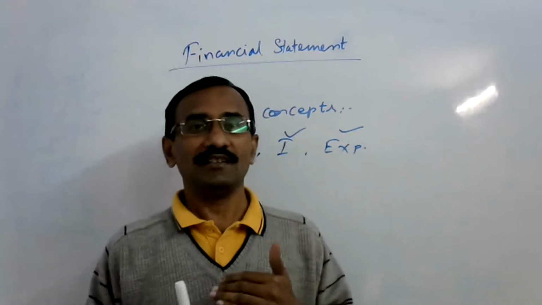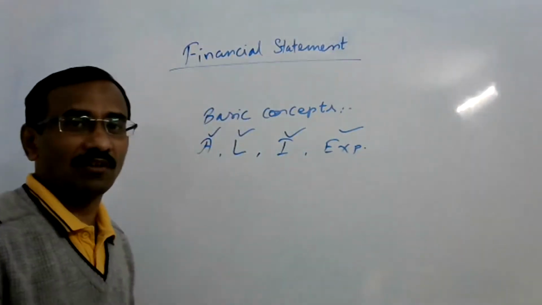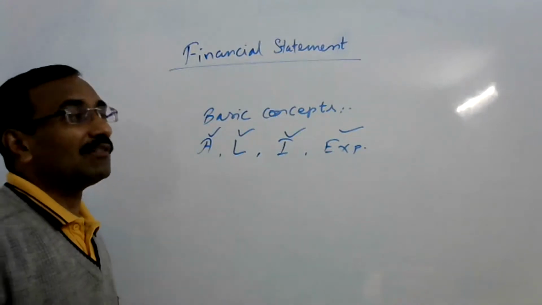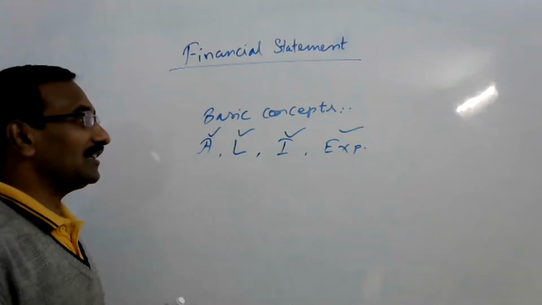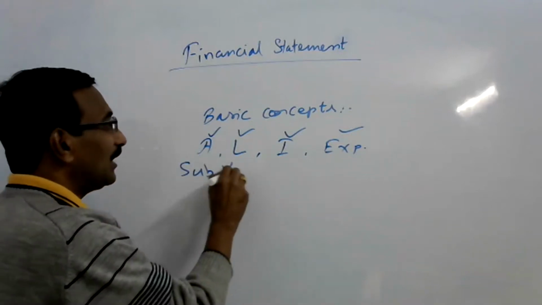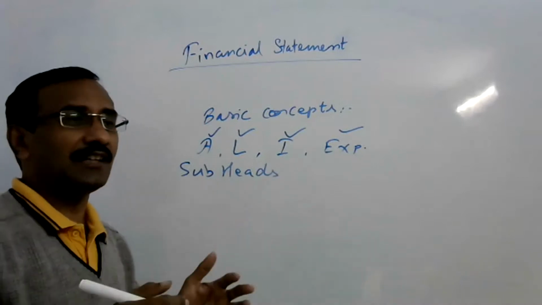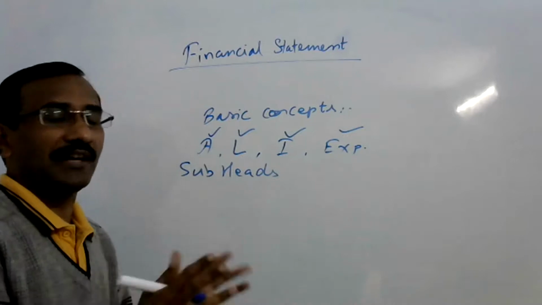So we classified according to the purpose for which we expended the money, or the purpose by which we received the money. We bifurcated into different subheads of accounts, so as to know the summarization of that particular head for the required period.